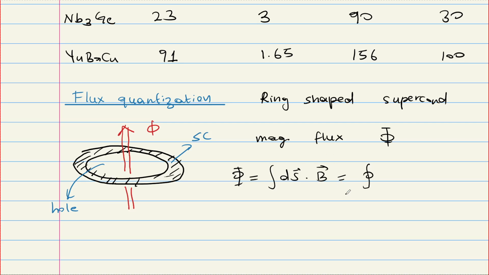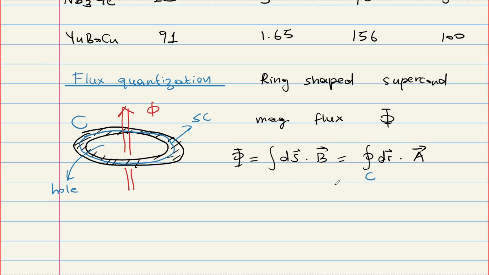Let me also choose a loop. I want to choose a loop within the superconductor. So this is my C, and I want to take the line integral of the vector potential. And here you can see I have flux, and inside the superconductor I want to choose exactly like superfluid helium.